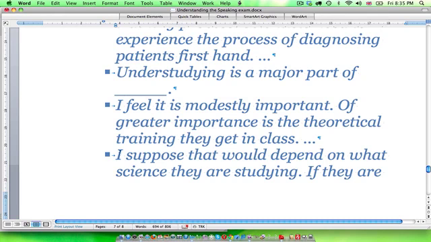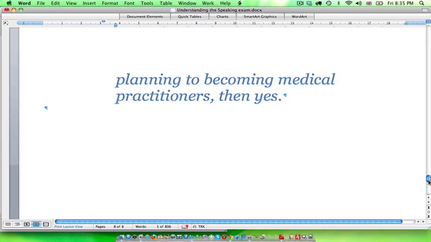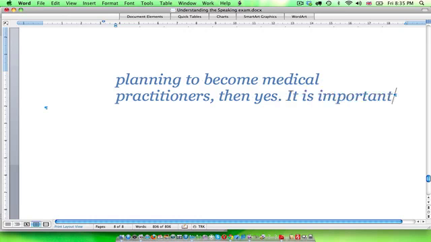And again, drag this out. Well, I suppose that would depend on what science they're studying. I mean, if they are planning to become medical practitioners, then yes, it is important. But otherwise, right? And then we could continue on like that.